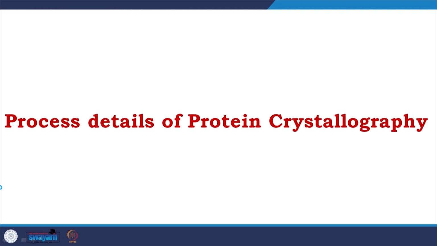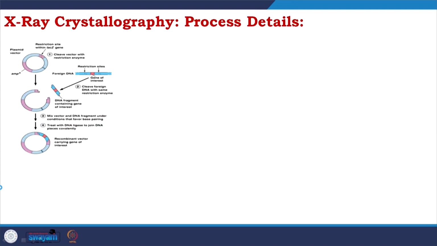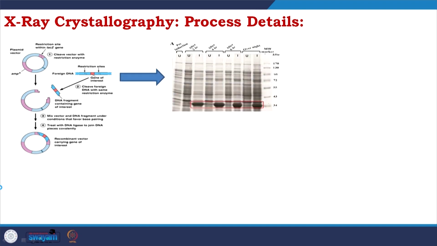So, now we will go into the process details of protein crystallography. The initial phase is to start with DNA. We have to take the DNA and go through the entire process of cloning and overexpression.